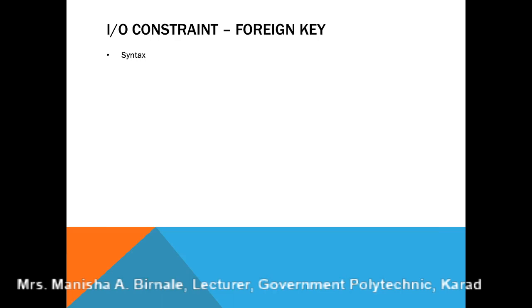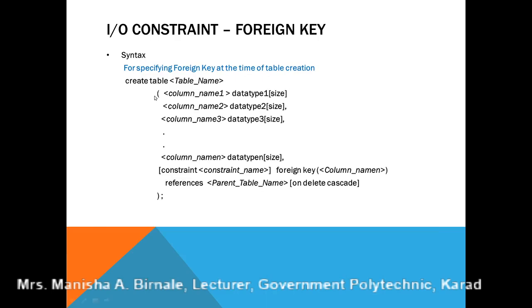Let us see syntax for adding foreign key in your table, for specifying foreign key at the time of table creation. So you have to write create table, then in round bracket, column name and their data type. You have to specify all the column names, then a comma, then constraint name. Again it is optional, that's why shown in square brackets.